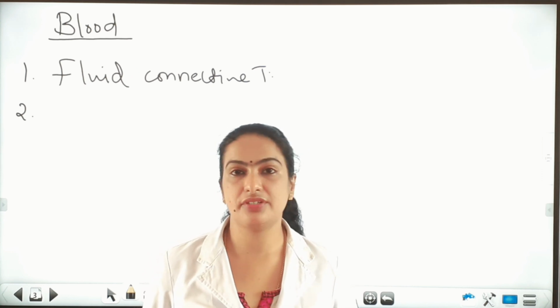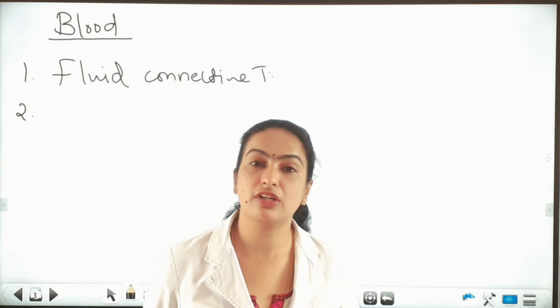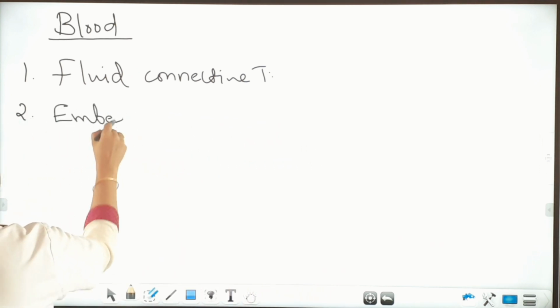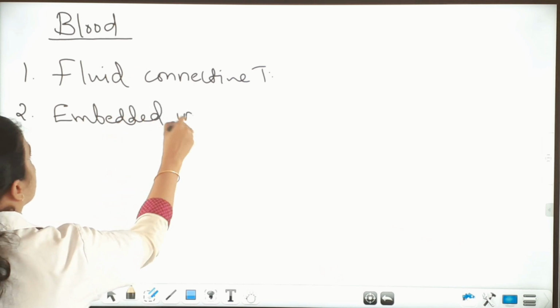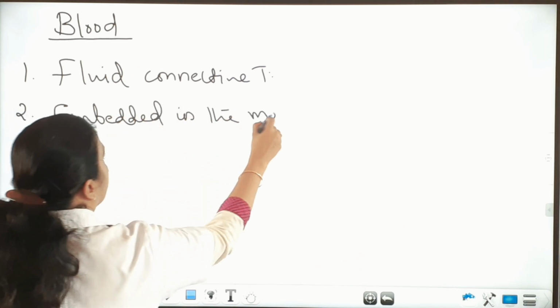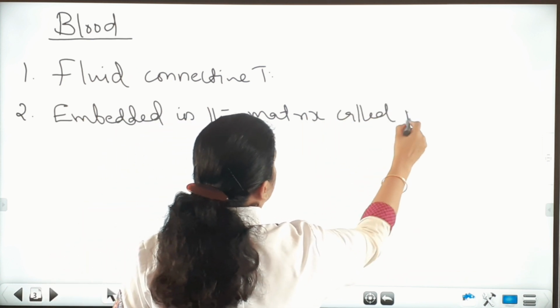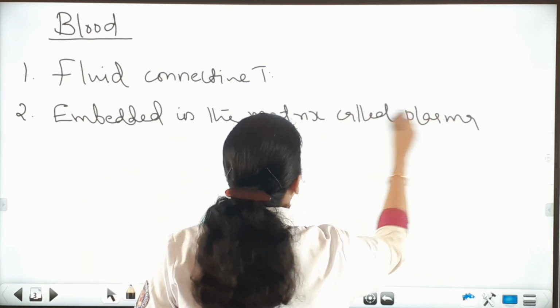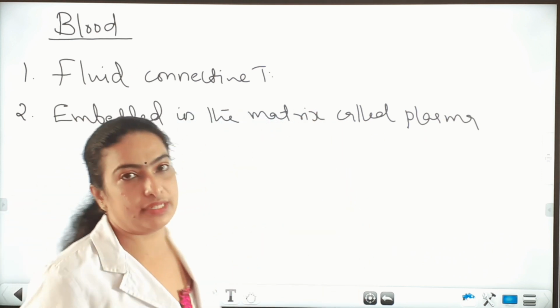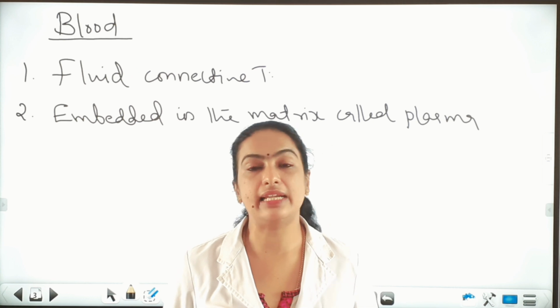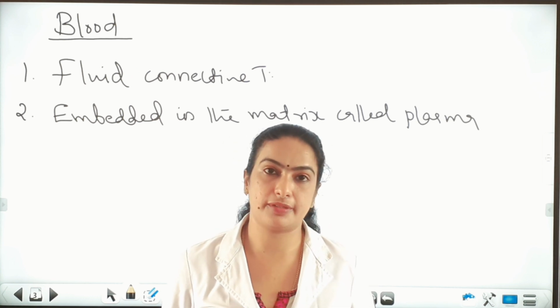So this blood is embedded in the matrix called plasma. Plasma is also a component of blood that you know. This is the liquid part of the blood. So plasma provides liquid nature to the blood.